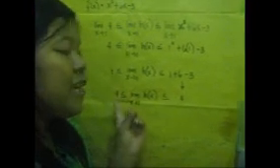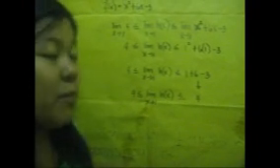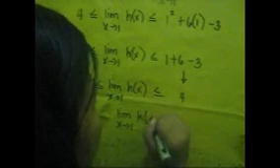Since the two functions have the same limit, which is 4, we can conclude that the function in between these two functions will also be equal to 4. Let's write it this way: the limit as x approaches 1 of h of x is also equal to 4.